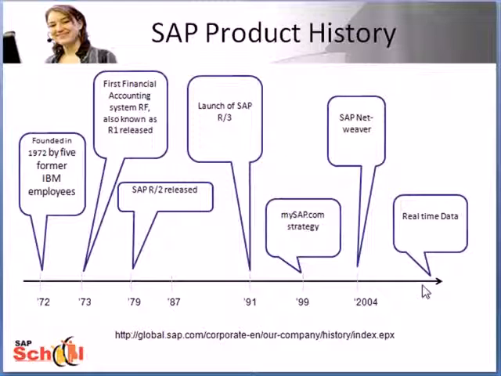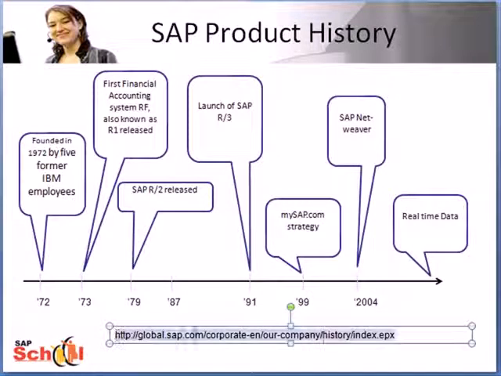Current focus is on real-time data with offerings around HANA and the business suite, which encompasses ERP, CRM, SRM, and other SAP products. You can see more about SAP's history at the link here below.